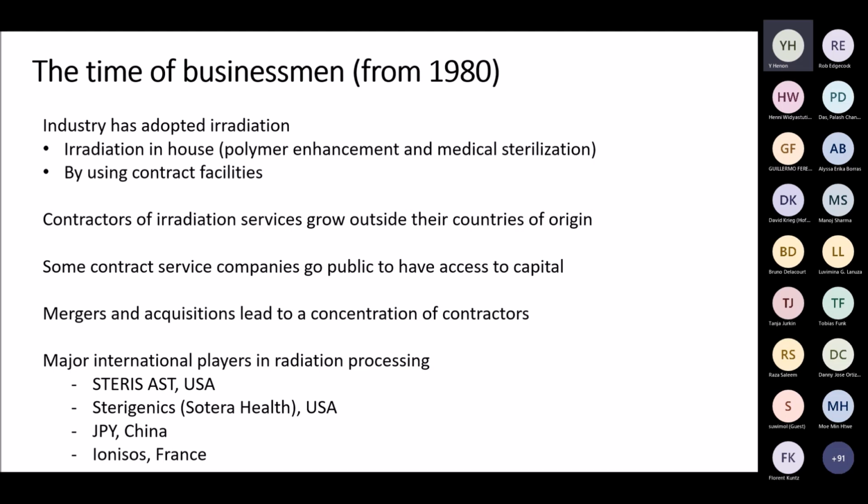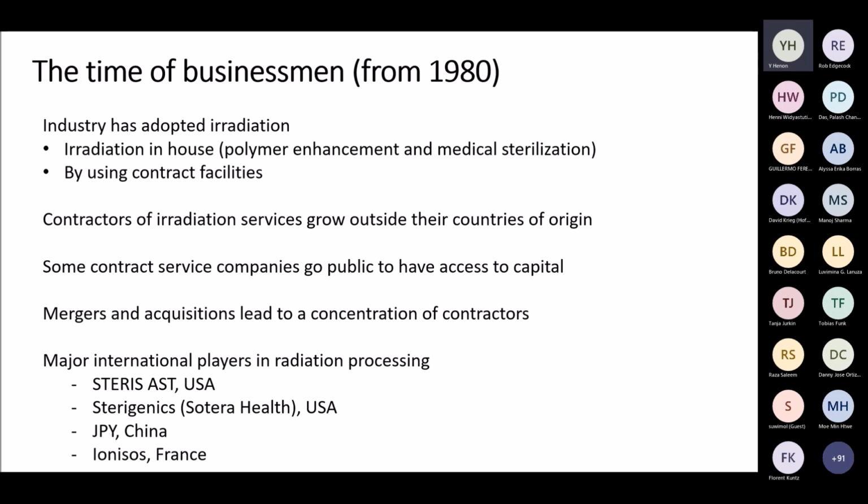Initially, it was often one engineer or a small company creating one facility in one country. But soon some companies went out of their borders and started to have a collection of irradiation facilities in a given geographic area. This happened in Western Europe.